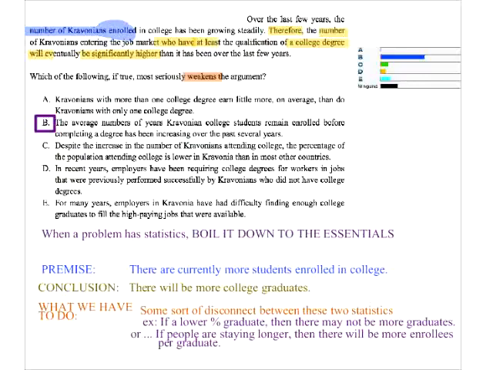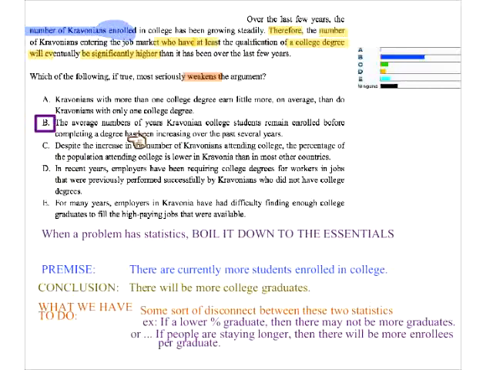And so you could have more people on campus and still have the same or even a smaller number of graduates. You could also have dropouts. Dropouts would also be a correct answer to this problem, but there's no choice about dropouts. What they're doing in B is people are staying enrolled for more years, and so that's skewing the percentage of graduates.